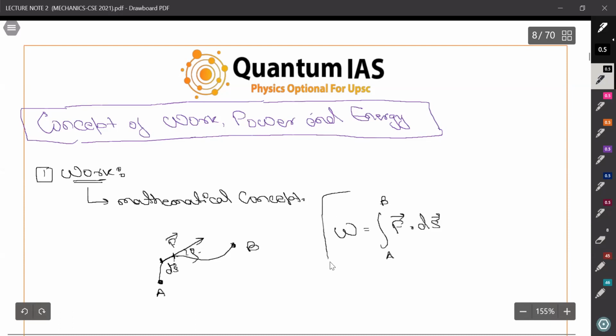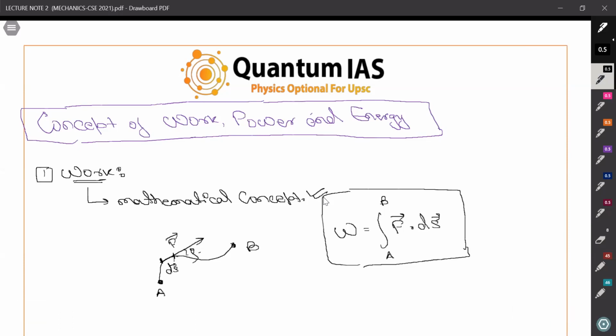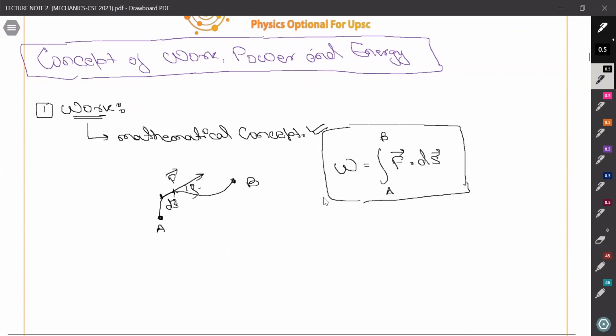So basically this is the mathematical definition or mathematical formula of work. So basically work is introduced to quantify the energy, because energy is not a physical property, it's an abstract mathematical concept, right? So to define energy, to understand energy, we need work. Okay, so I need to focus on this.